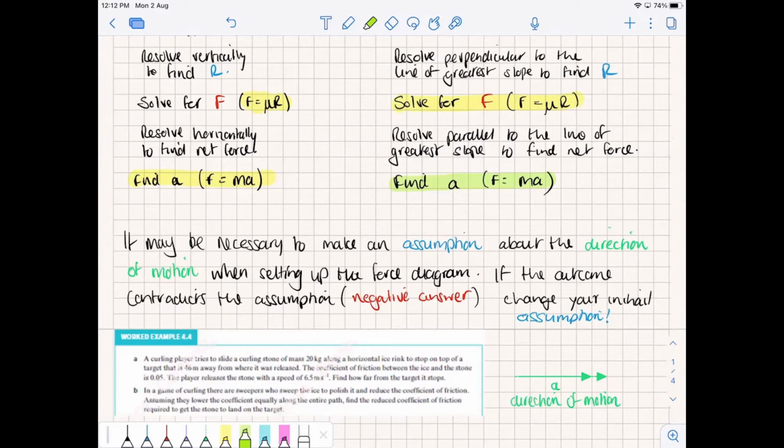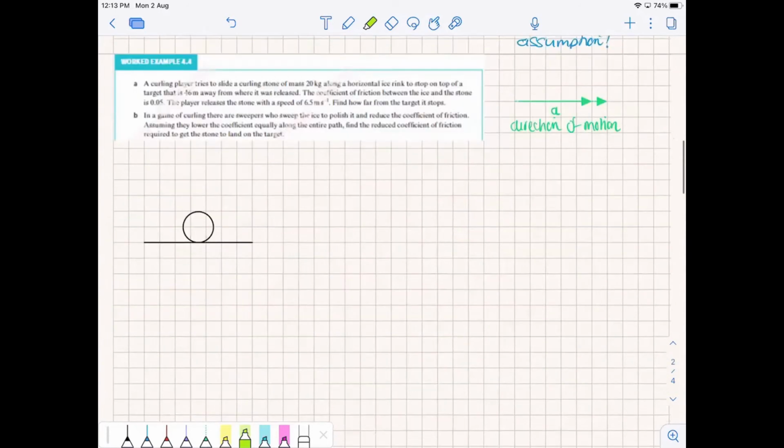And then you need to understand that your outcome contradicts your assumption. In other words, if you get a negative answer for friction, then usually you've made the wrong assumption. And all you need to do is change your assumption, right? Change your force diagram quickly and change what you thought was the force. So let's just hop straight back into the examples.